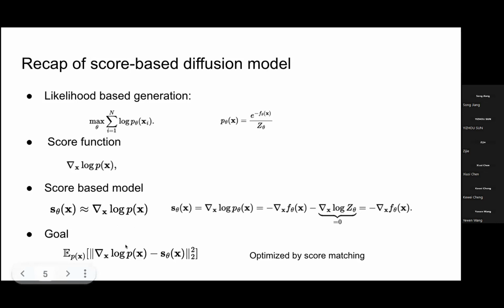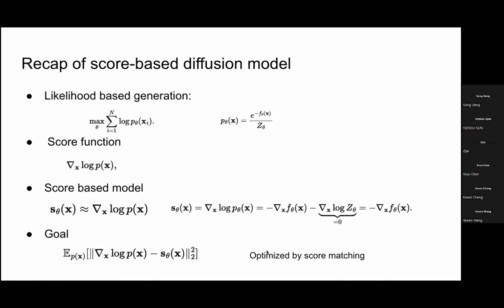Because we are trying to model the gradient of this log likelihood, the principle is that we hope our score-based model can well predict this score, and so we can use some distance function to measure that. But this one is hard to optimize.